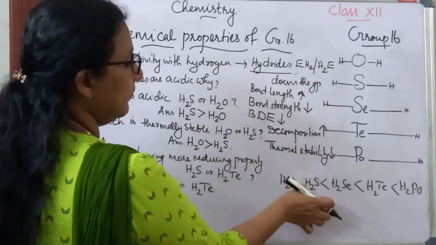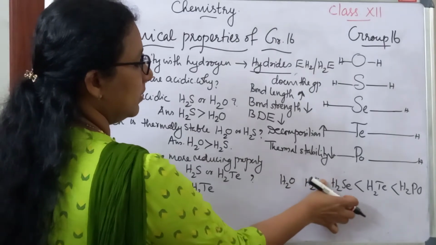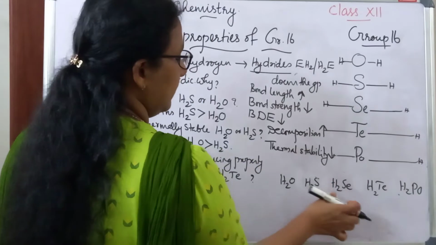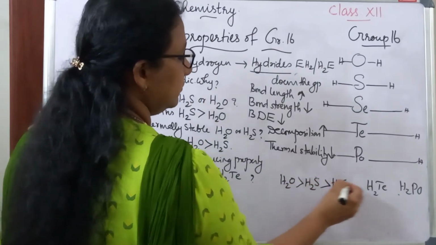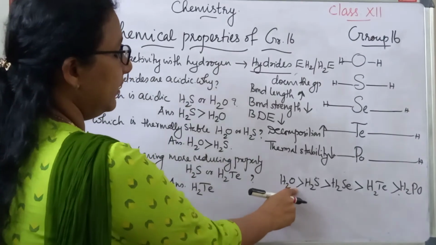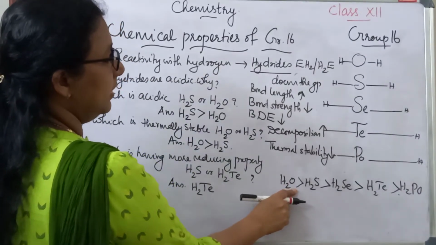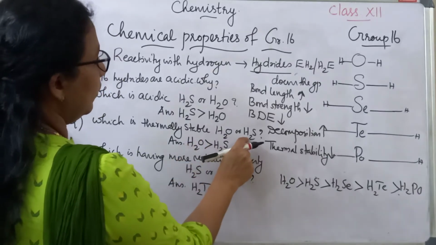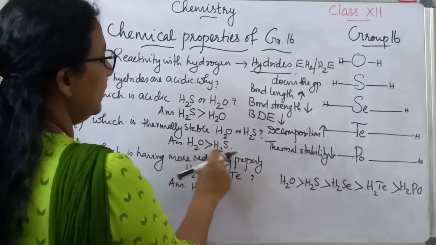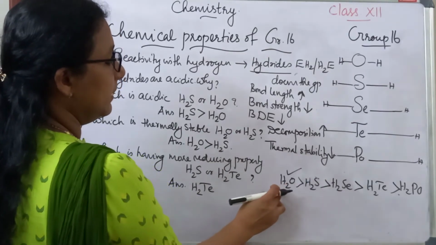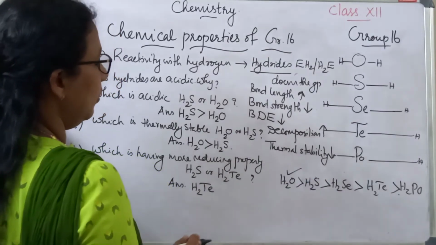So the order of thermal stability will be like this. H2O will be thermally the most stable of all these hydrides. So the question is H2O or H2S. Here H2O will be more stable than H2S, so thermal stability will be more in the case of H2O.